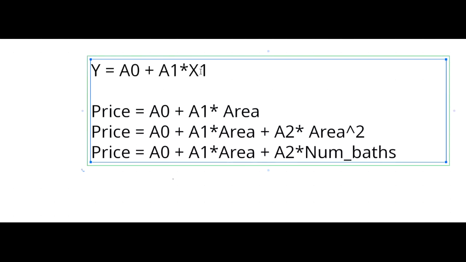The way to do that is to call polynomial features and tell it we want degree 2. I'll show you how to do that.